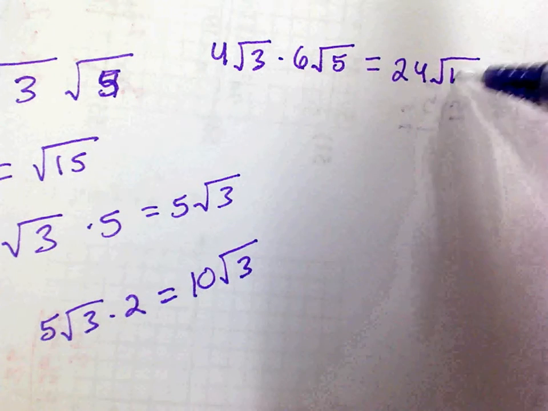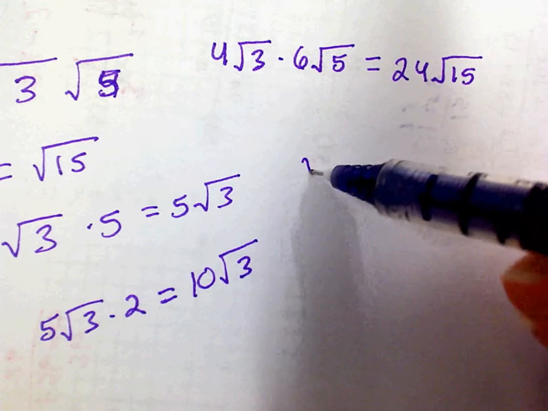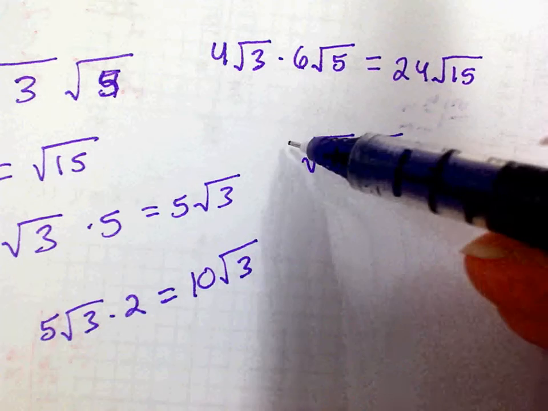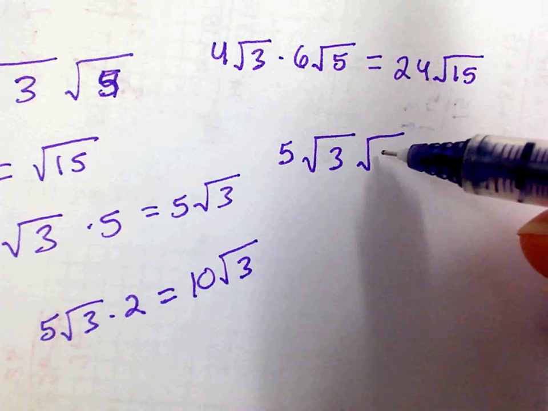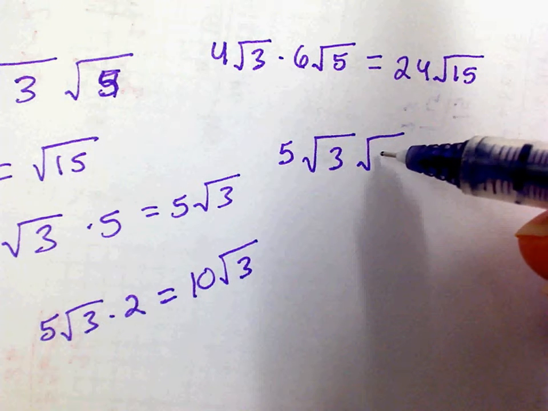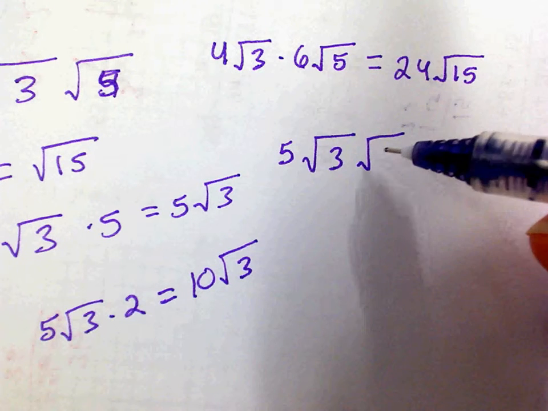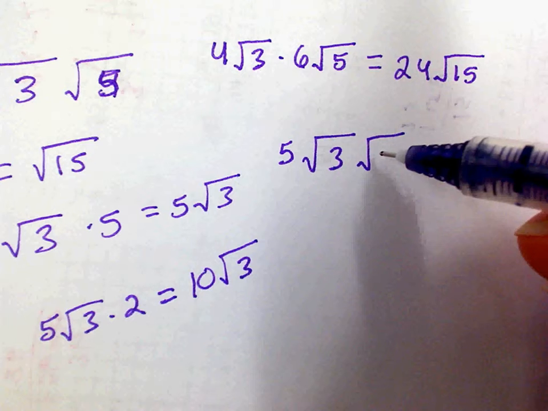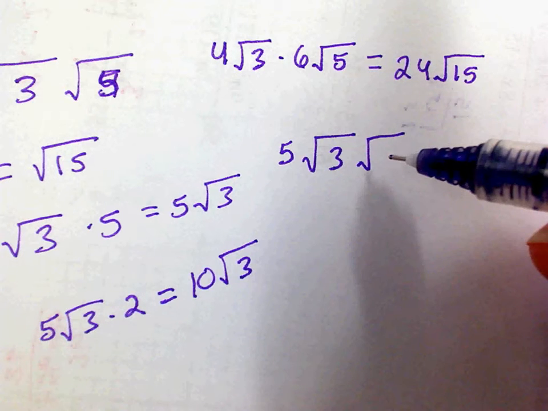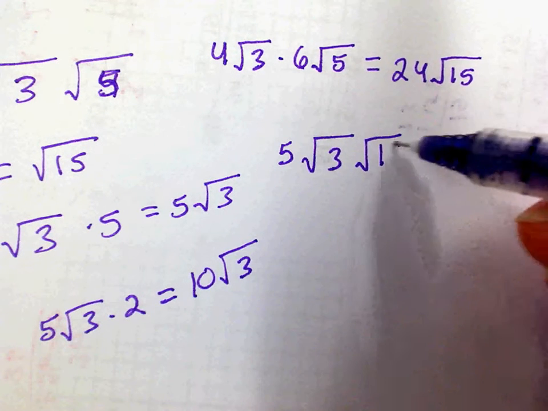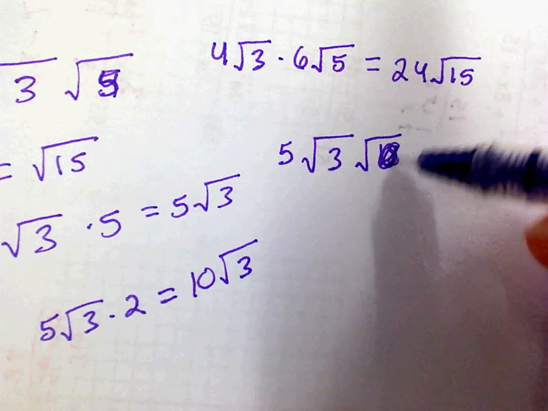What is 3 square roots of 3 times, let's say, 5 square roots of 3 times the square root of, let's do 15.